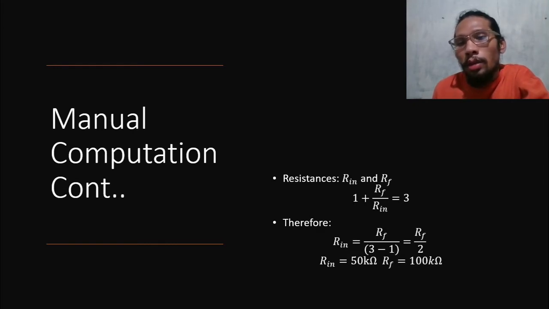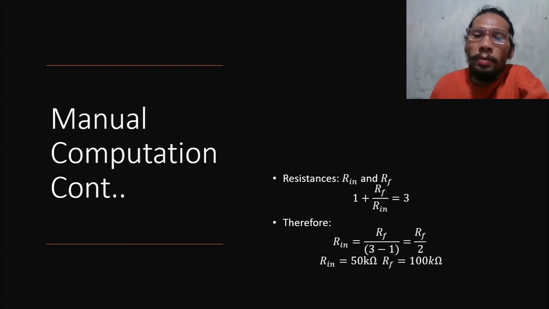And considering that the resistance on the inverting input of the op-amp is higher than the resistances on the RC phase shift network, and assuming that the R in is equal to 50 kilo ohms, then the RF is twice the R in, and that is 100 kilo ohms.